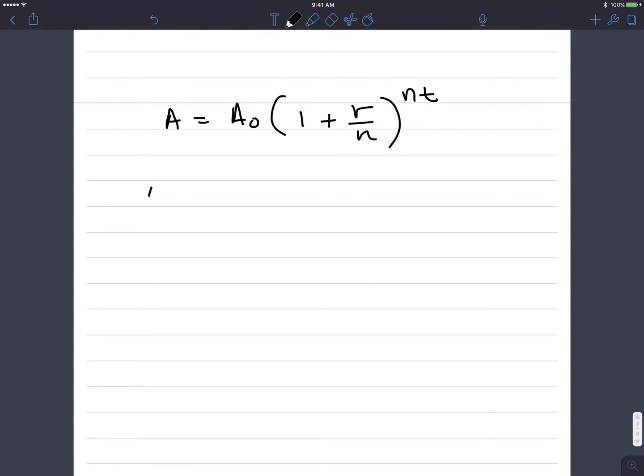You see this symbol here, A subscript 0. That's what's known as your initial amount, your initial investment, call it what you want. So it's some money you started off with. And then R is your annual interest rate.